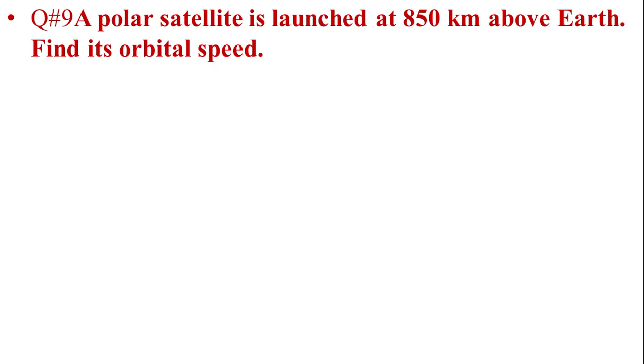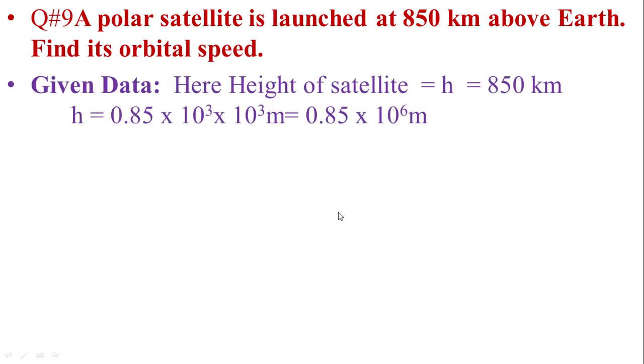Now, question number 9. A polar satellite is launched at 850 kilometers above the Earth. Find the orbital speed. Here we can calculate the orbital speed. Then write the given data. Height of artificial satellite h is equal to 850 kilometers.